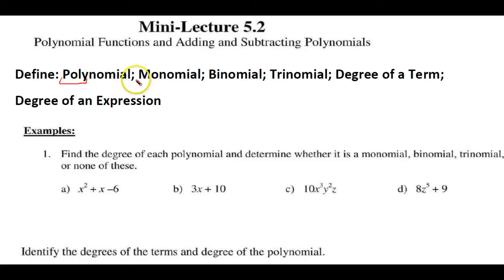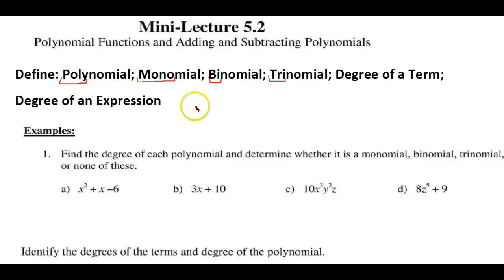One of the subcategories is when there's only one term, we get mono, two terms, bi, three terms, tri. So these are sometimes used, but all of these are considered polynomials.